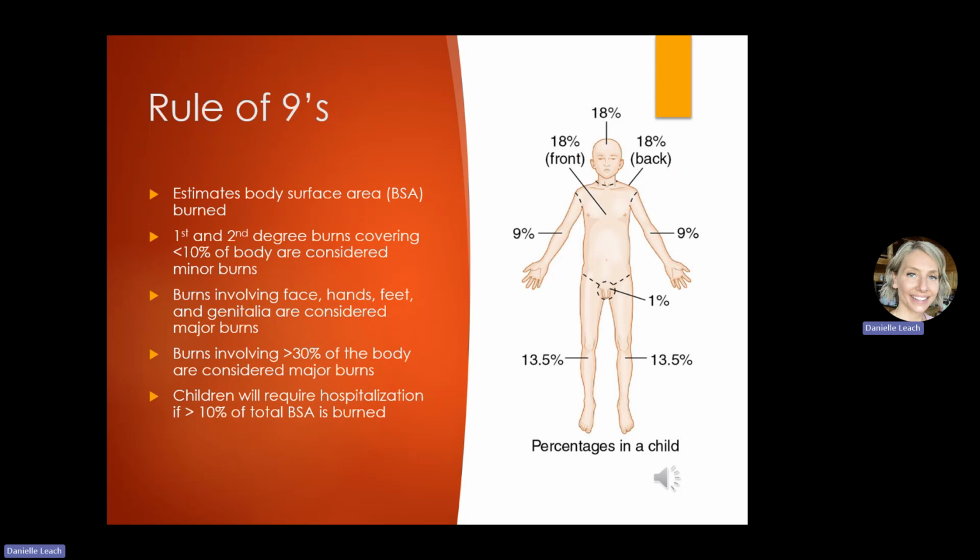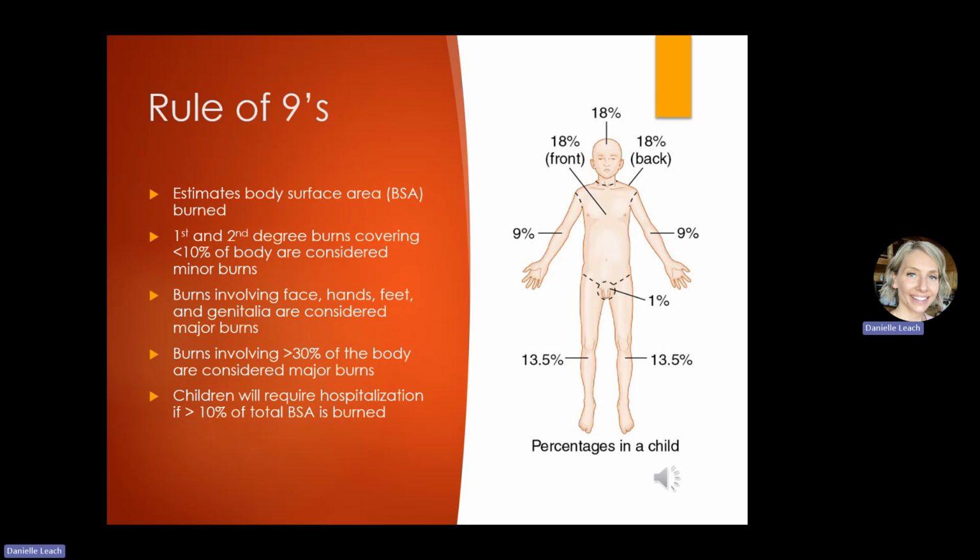So if you have a child that has burned, say, both of their hands, although on here there's no percentage listed, just thinking about our hands, they're a very small portion of our body. Even though they are, since our hands are obviously so important to us to live, it's automatically considered a major burn and recommended that they go to a burn center, even though it's a very small area.